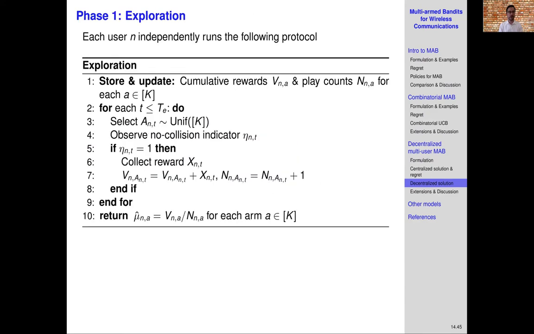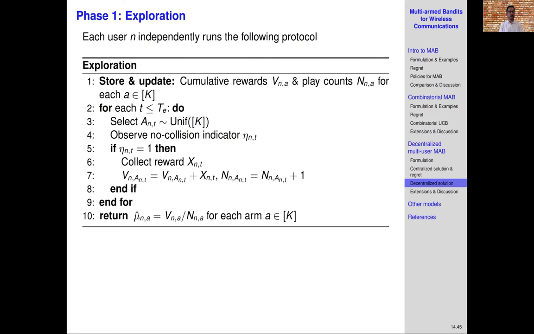In the exploration phase, each user runs the following protocol independently of the other users. So each user stores and updates cumulative rewards and play counts for each base arm. In each round in the exploration phase, user N selects a channel uniformly from the channel set or arm set. It observes the collision feedback represented by eta.